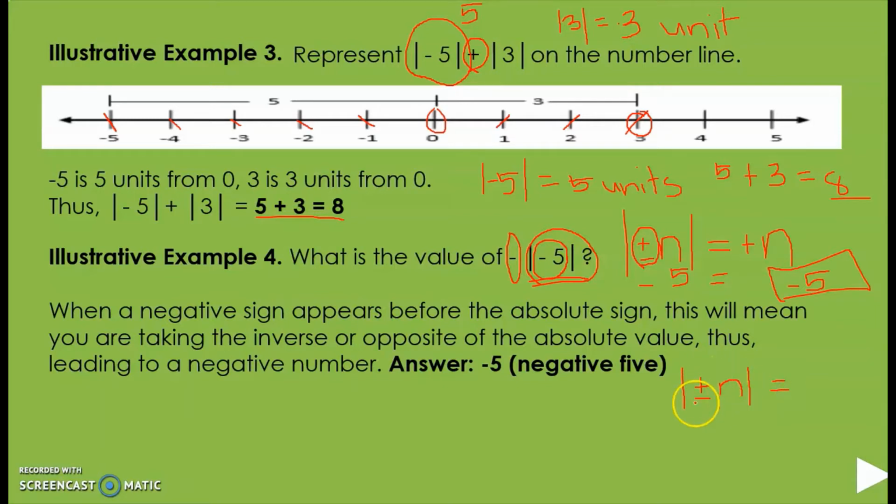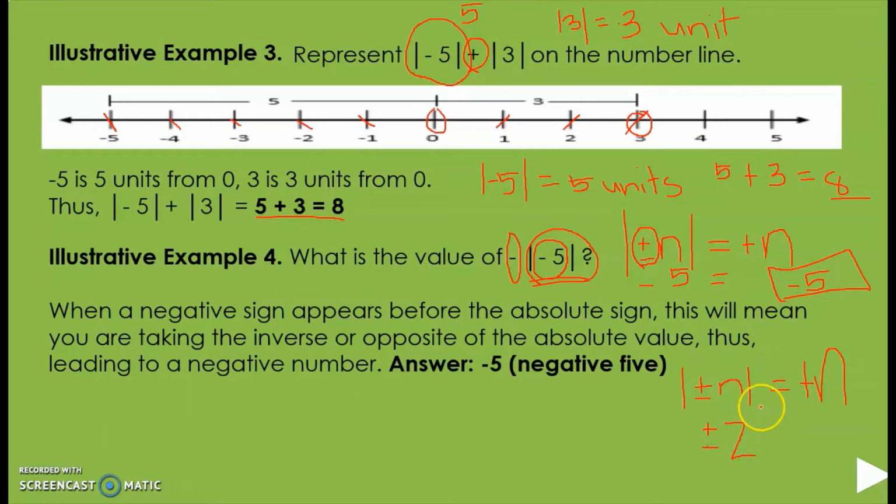In general, for every integer inside the absolute value there is a positive number. Some would write it like this, the same concept in general for the integers.